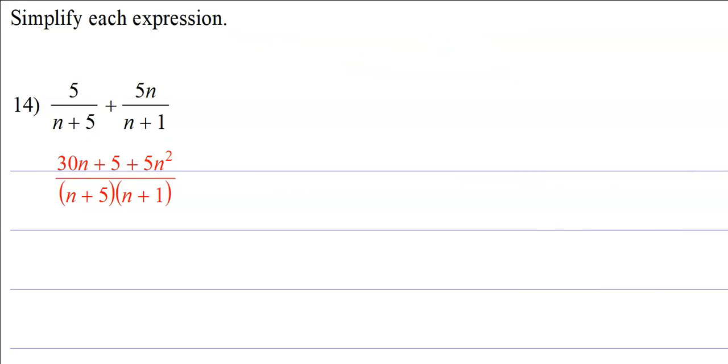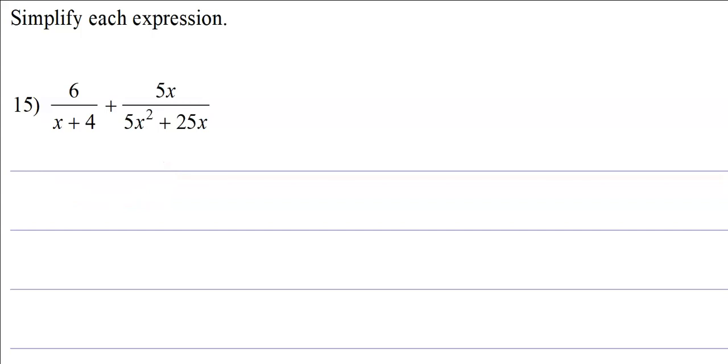All right, let's go to the next one. Number 15, double checking this one. On the left, we have 6 over x plus 4. I thought maybe I could write it over there, but I'm cramped over on the side.